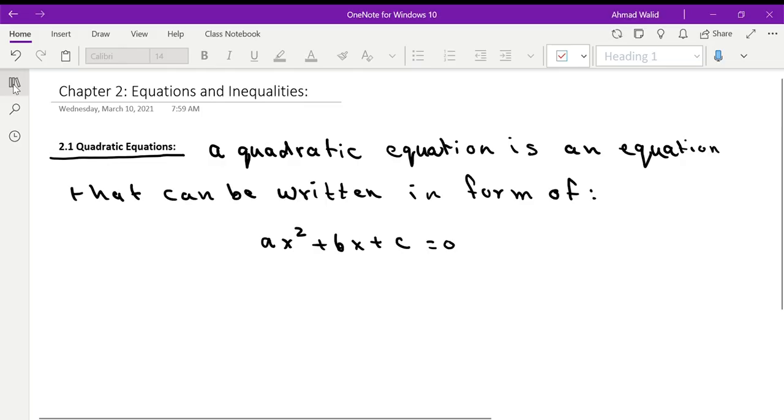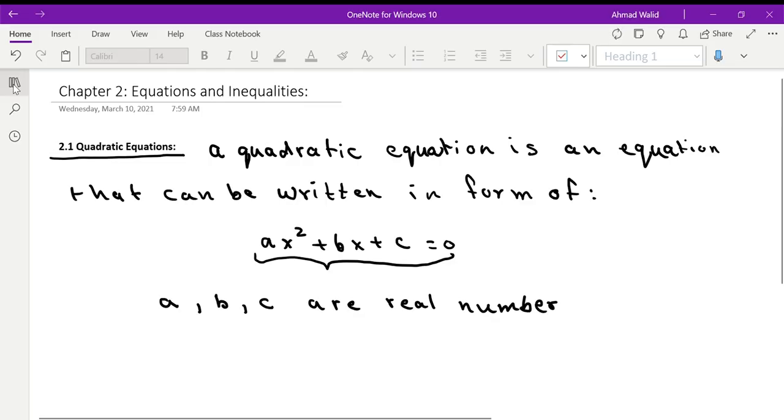Here, in this general form that I put for you, ax squared plus bx plus c equals 0, a, b, and c are real numbers. Correct?